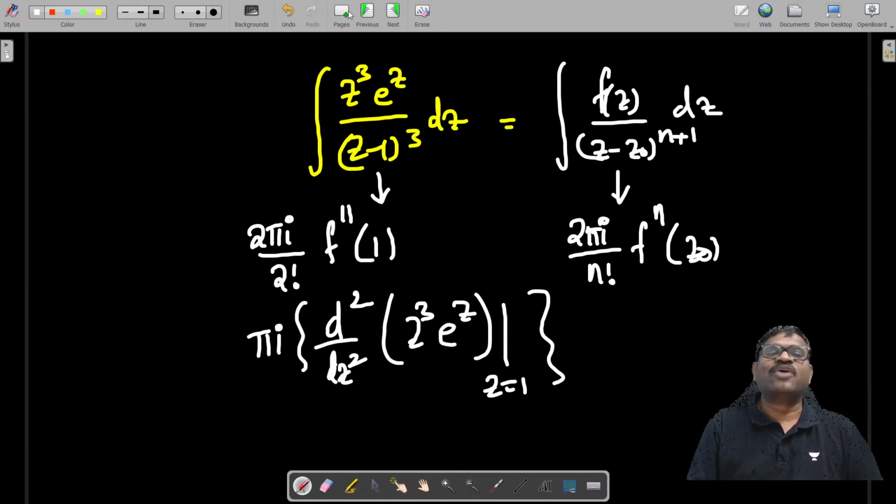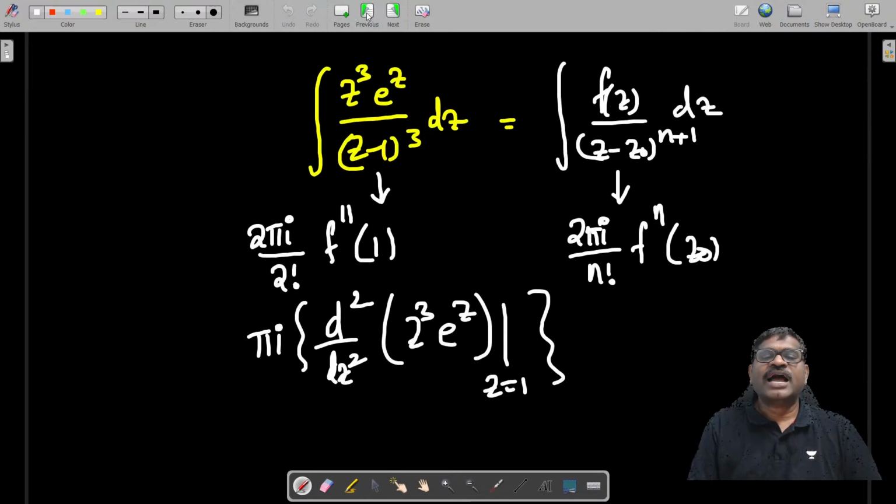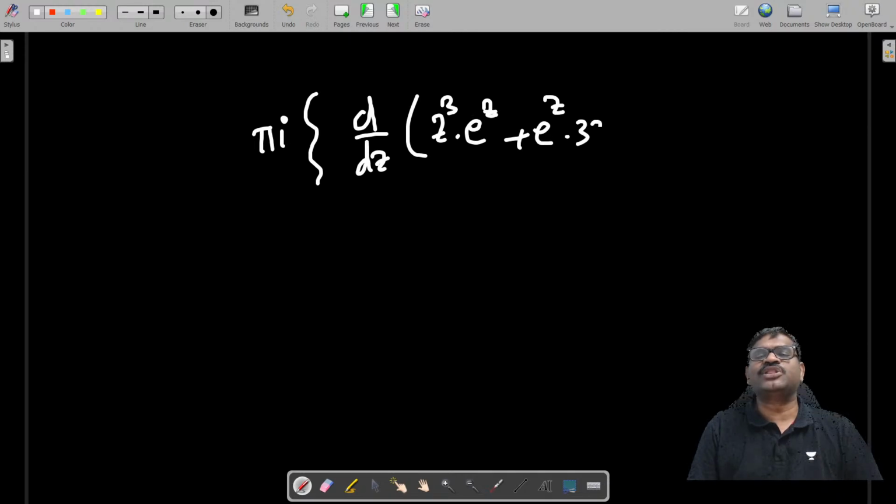Okay? Now pi i into d by dz of z cube into e power z plus e power z into 3z square at z equal to 1.